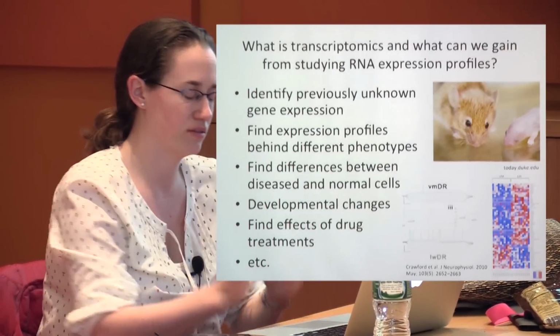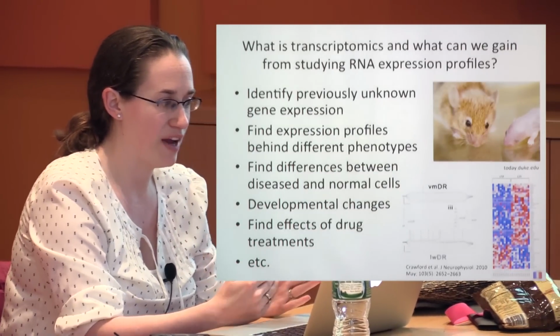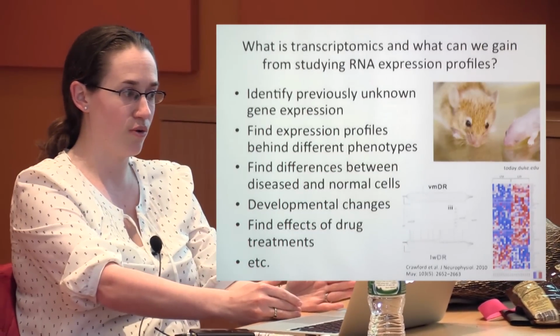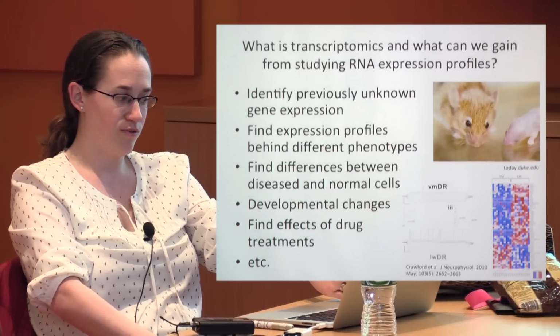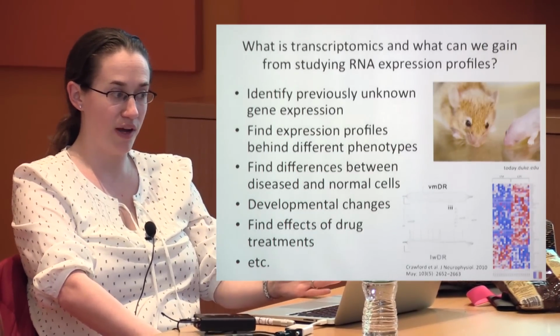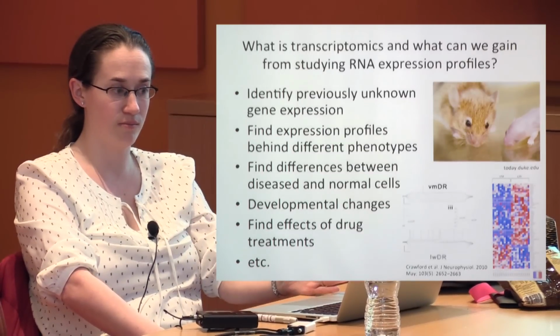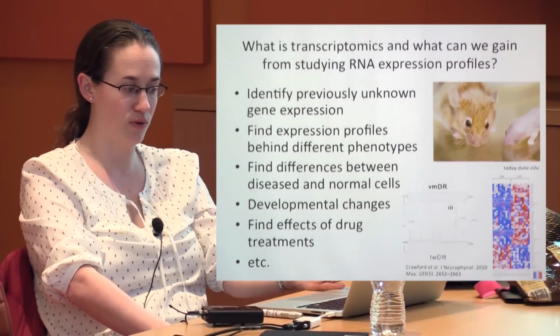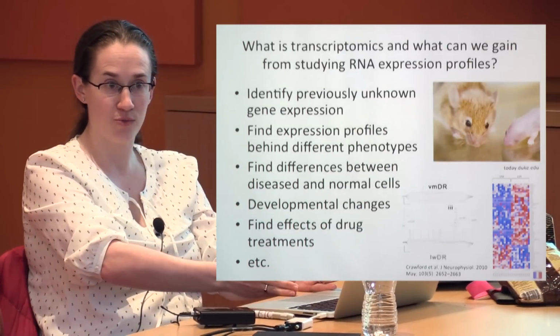Another great thing, which I'll talk about in depth later, is finding the effects of drug treatment. You can find the RNA expression profiles of diseased tissue, then treat, and get another expression profile.